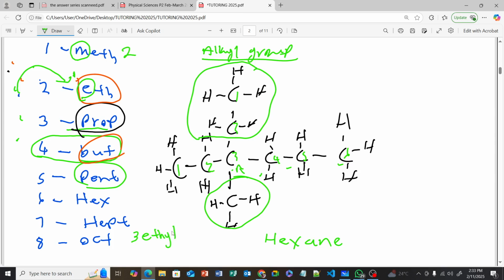Then again at position number 3, if between words we need dashes, we have a methyl. So an ethyl is written before a methyl. Okay, so it's 3-ethyl-3-methylhexane. So that will be the name of this.